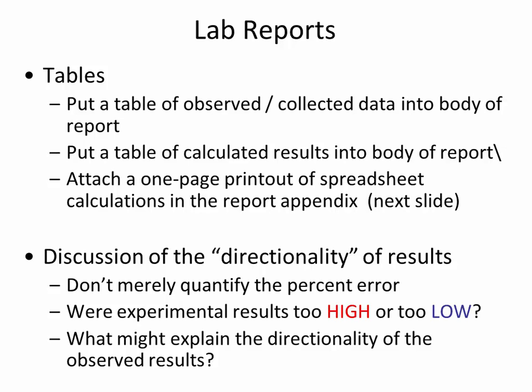So directionality means, you can calculate percent error, but is the value too high or too low? And why is it too high or too low? In this case, if we assume that theoretical is correct, and that's what I say in the far right column, percent error of the experimental C sub D, assuming the theoretical C sub D is correct.